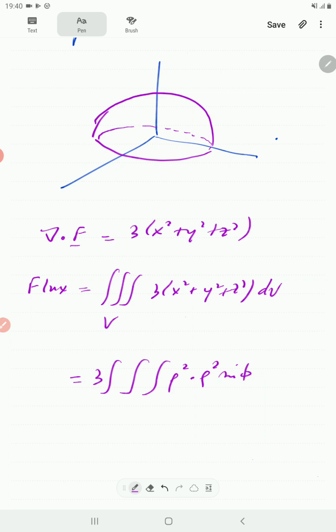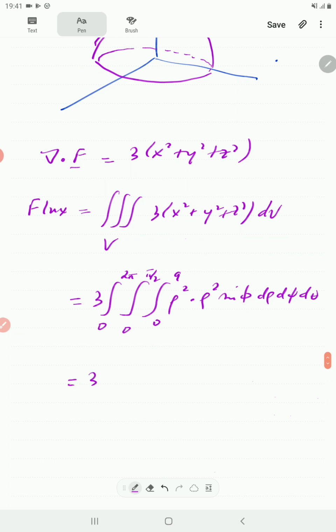Then this is d rho d phi d theta. Rho is going to range from 0 to a. Phi is a solid angle, so it's going to go from 0 to pi on 2, and then theta from 0 to 2 pi.